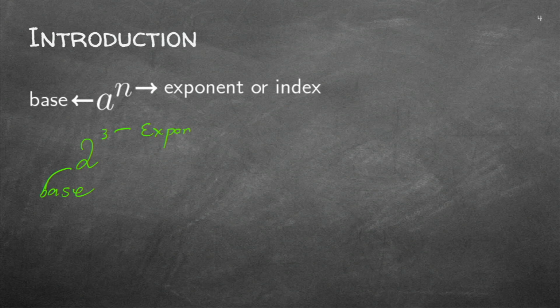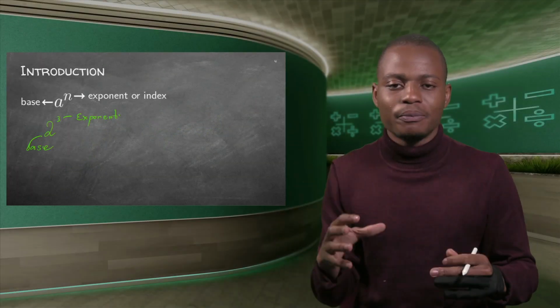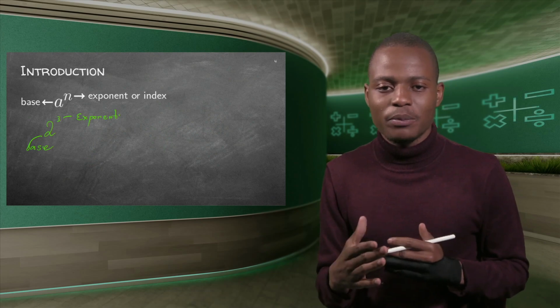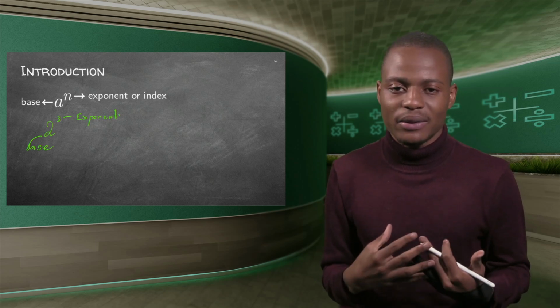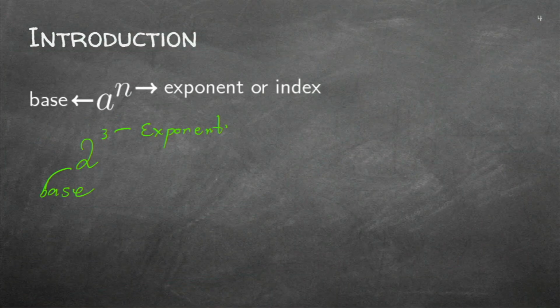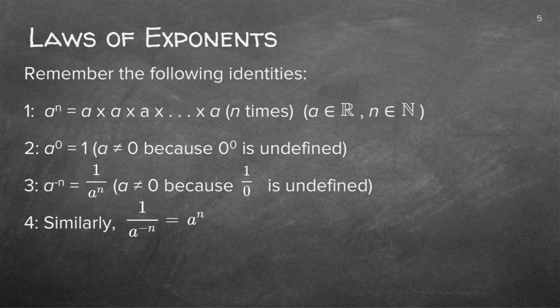So sometimes it's called the index, but here we will use the word exponent a lot. Okay, so the power or the number raised up, we call it the exponent, and the number carrying the exponent, it's called the base.